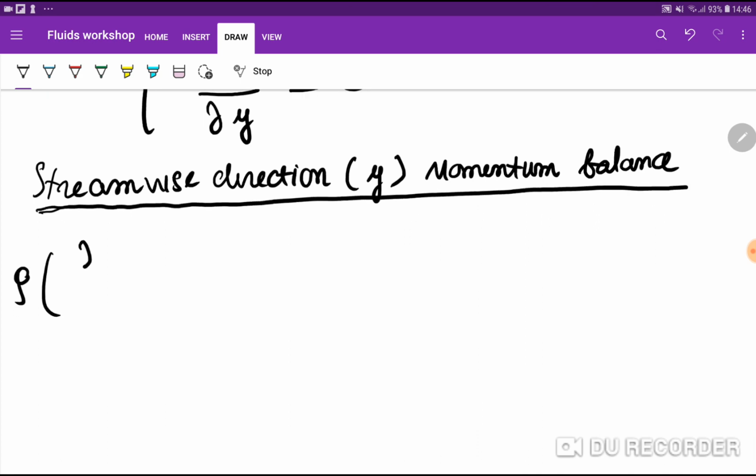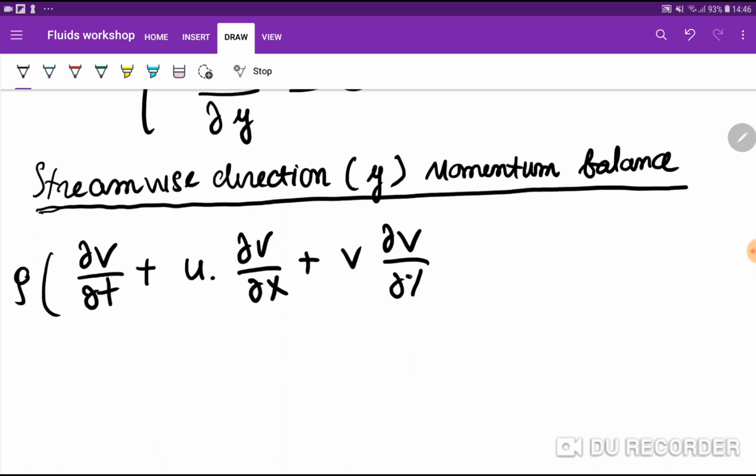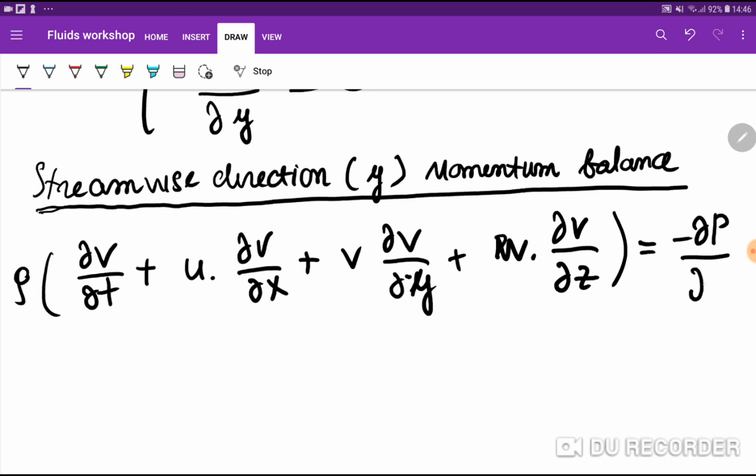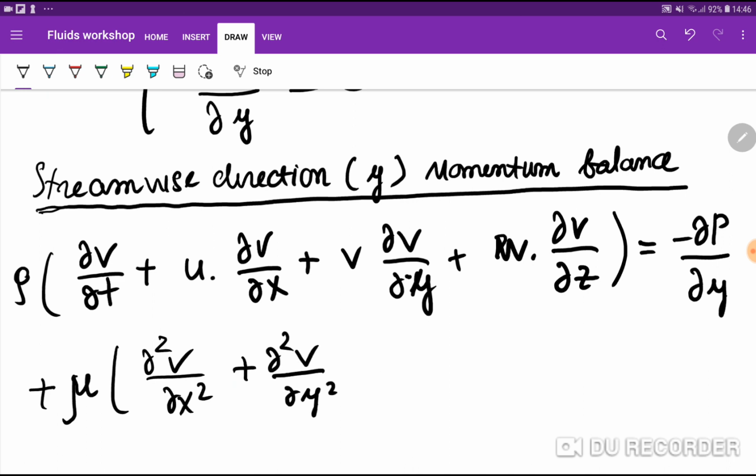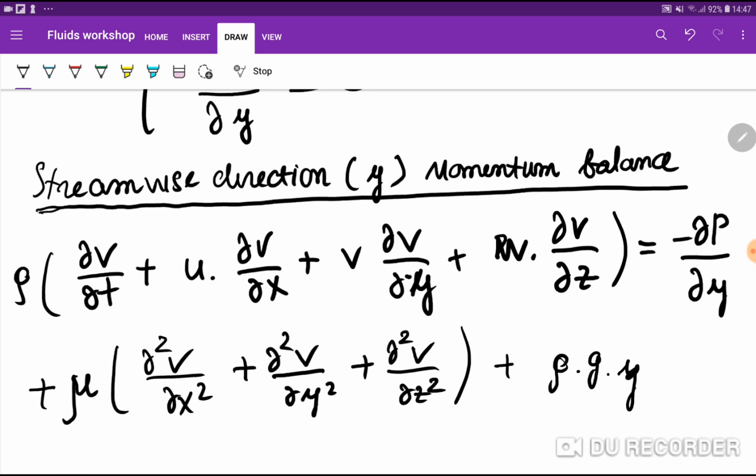Rho times partial v over partial t plus u times partial v over partial x plus v times partial v over partial y plus w times partial v over partial z equals negative partial pressure over partial y plus viscosity mu times partial squared v with respect to x plus partial squared v with respect to y plus partial squared v with respect to z plus rho times g y.